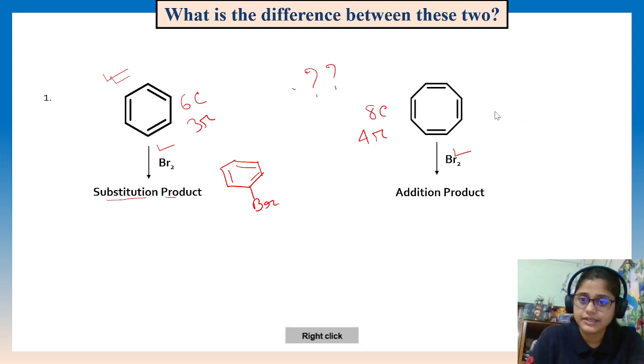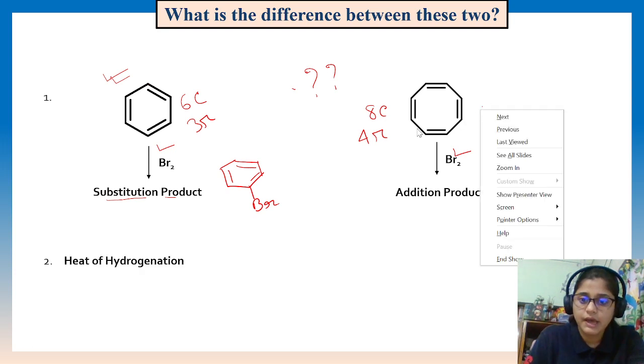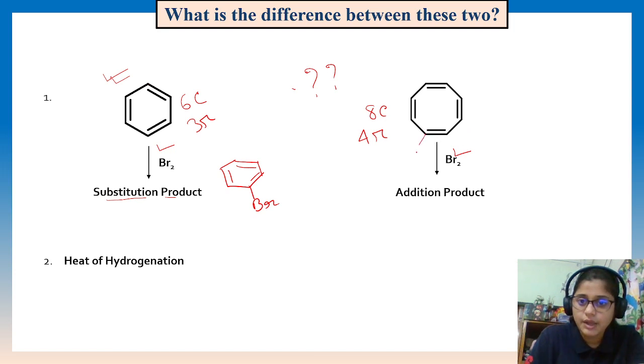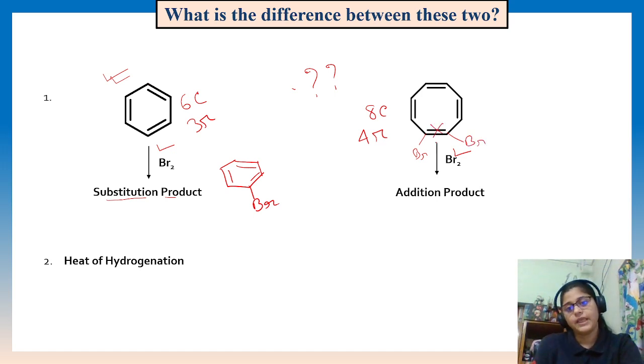For the addition case, Br and Br will come and one double bond will go away. This is a totally different product, right?